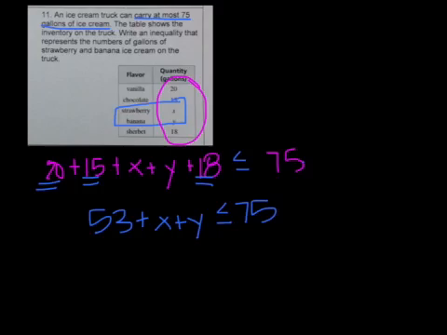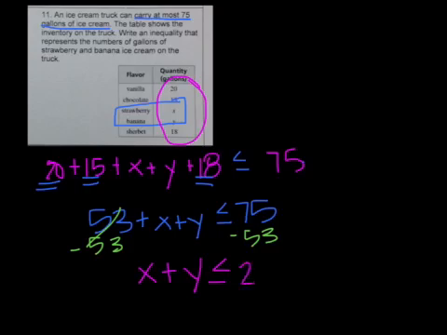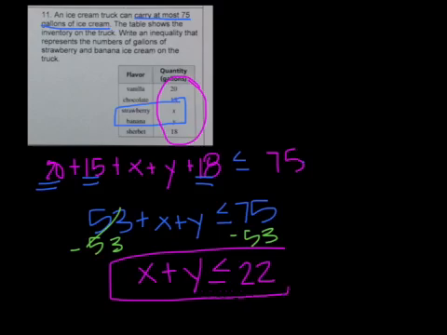So to get rid of the 53, I'm going to subtract that from both sides. That's going to cancel out. So we're going to be left with X plus Y is less than or equal to 75 minus 53, which gives you 22. So that is the inequality that would show you how much strawberry and banana ice cream is on the truck.